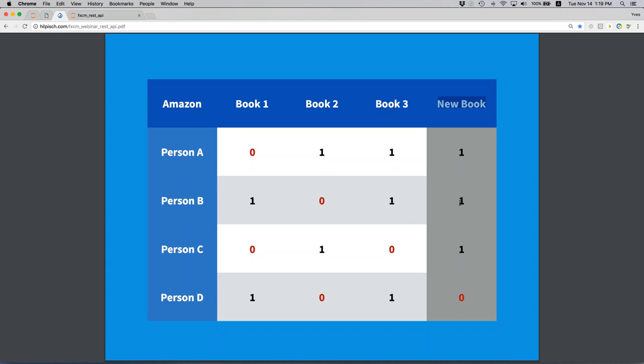In this case, you see that person B also bought the new book and person D didn't buy the new book, so you see a kind of pattern here. So 0, 1, 1, 1, 0, 1 looks like binary digits, binary numbers.